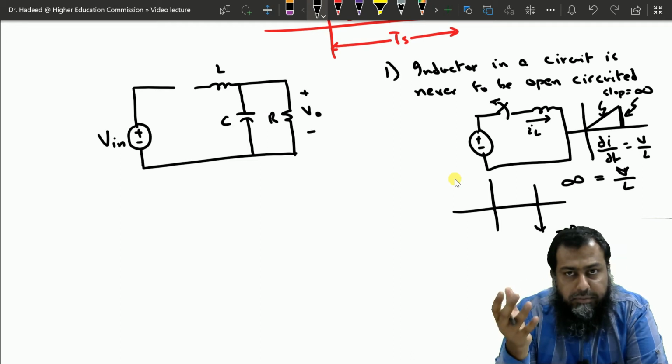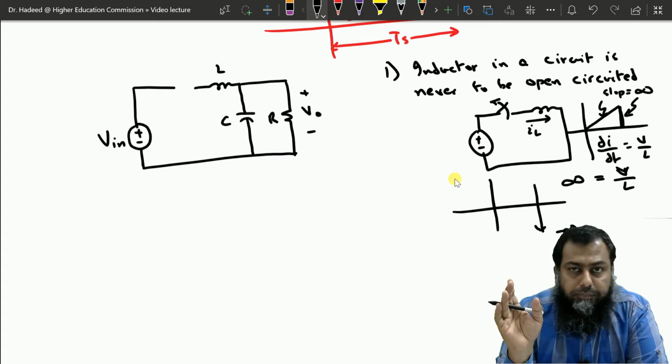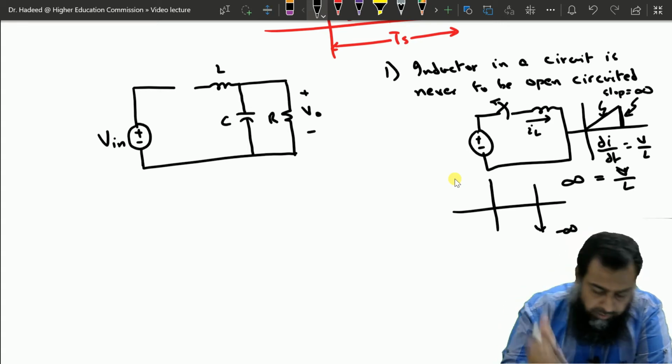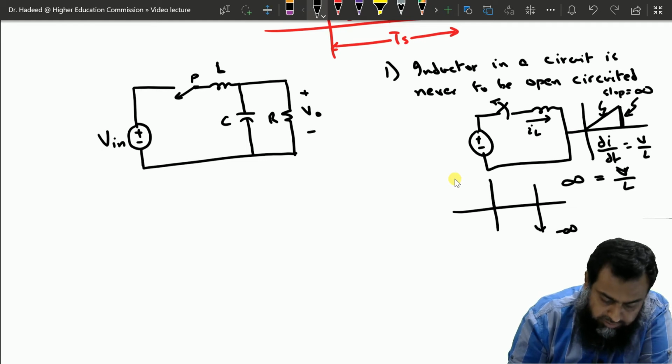At least it can damage the switch. So therefore we never operate an inductor in an open circuited mode. We always want to have a path for the current through the inductor, and therefore if I am making a switch here, I shall be placing the pole with this inductance L, and this pole shall have a connection either with this S1 or with this S2.